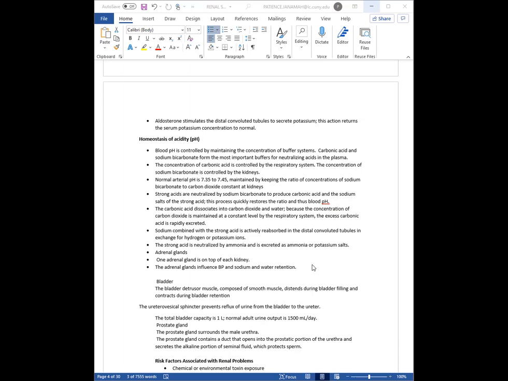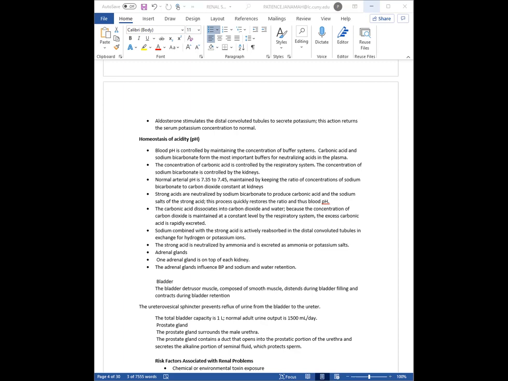So a pH of less than 7.35 is acidic. So if the NCLEX presents you with a question that the patient's arterial blood pH was 6, that means the patient's blood is acidic. If it's above 7.45, which is above the normal, that one is considered basic.